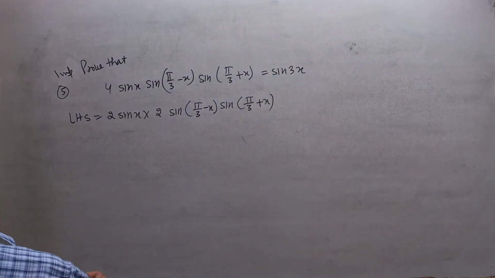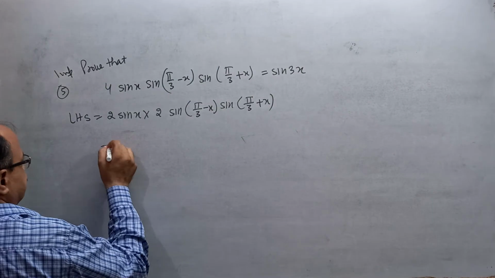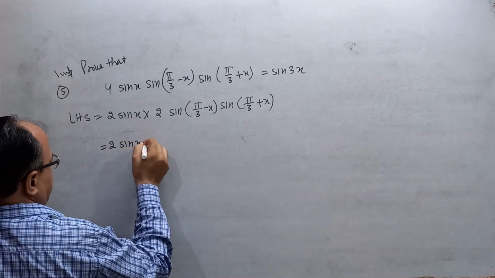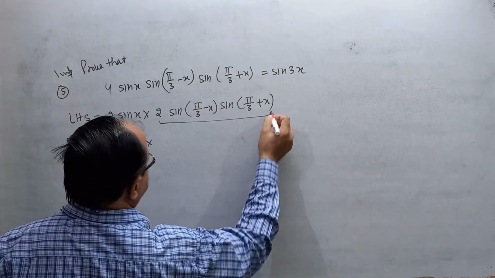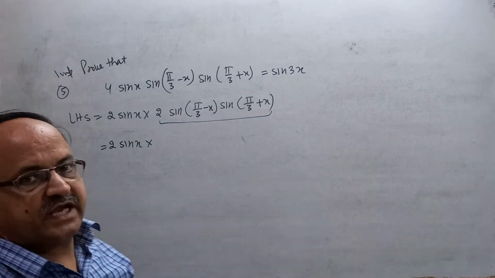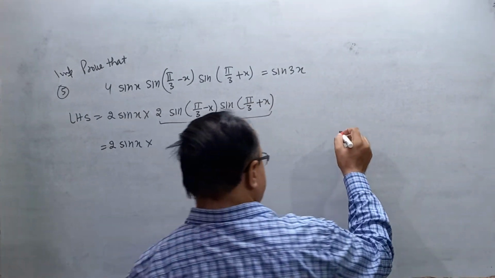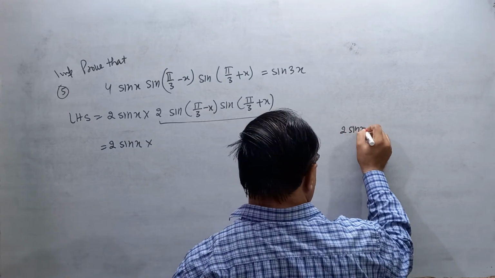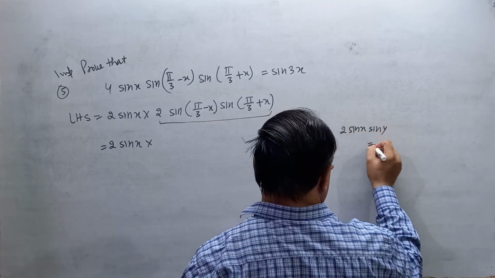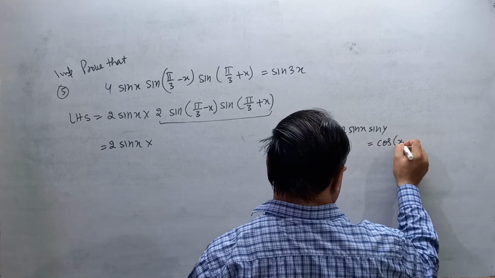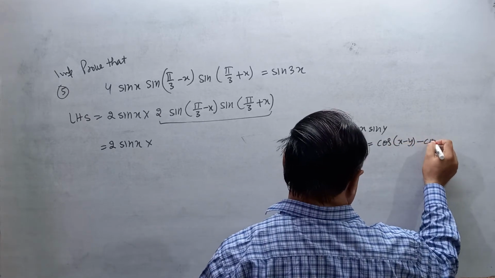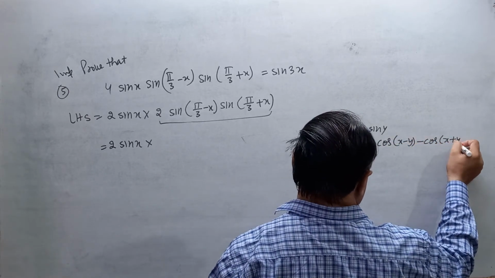Now apply here the formula, 2 sin x sin y, that is cos (x minus y) minus cos (x plus y). You can apply this formula.